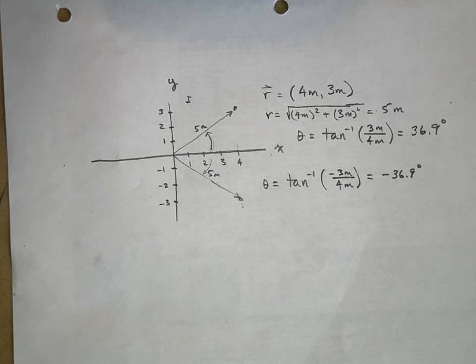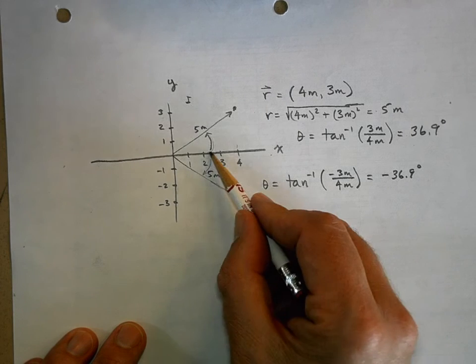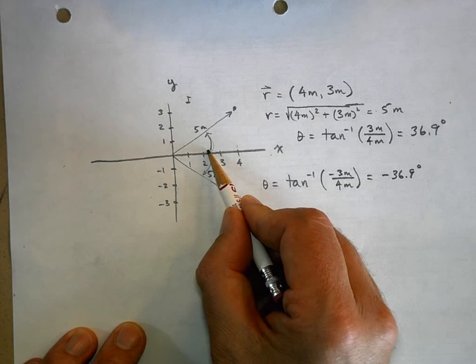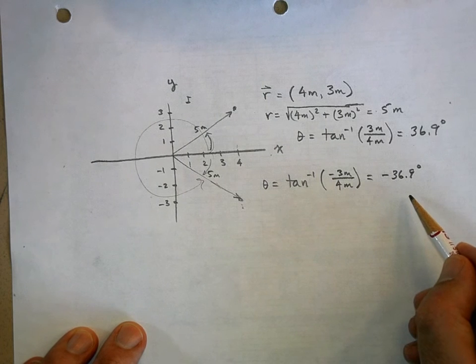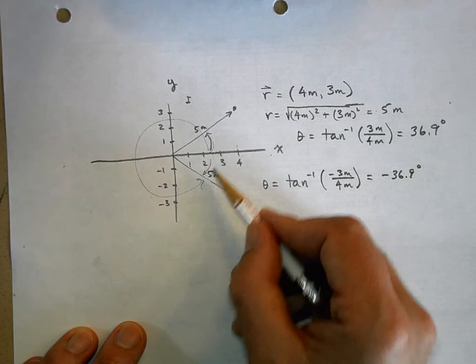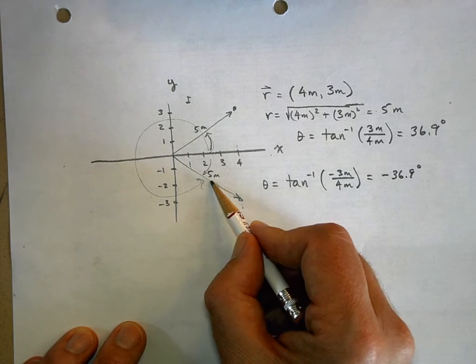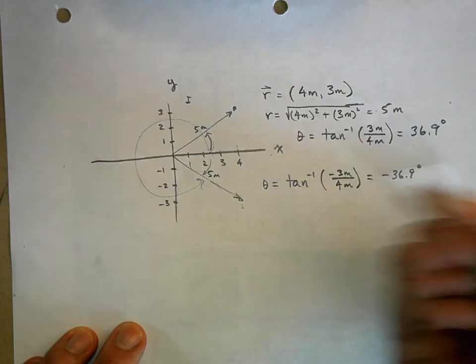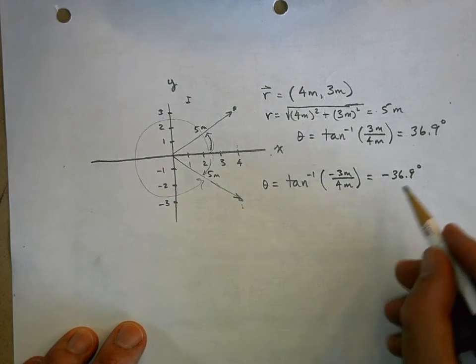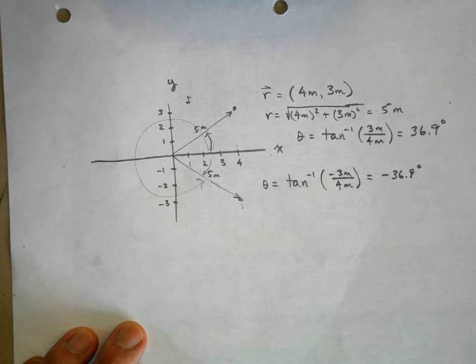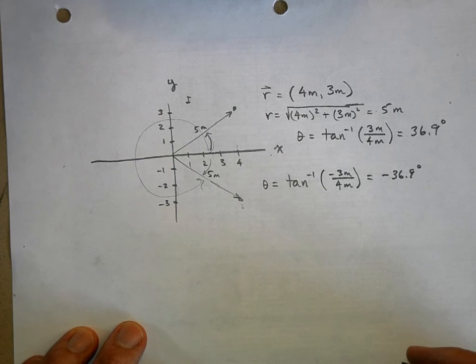What would you have to do? Well, you could add 360 degrees to this. You can go -36.9 and then add 360 degrees, and you'll get a positive angle. But this is good. You can use this -36.9 degrees. It's good enough.